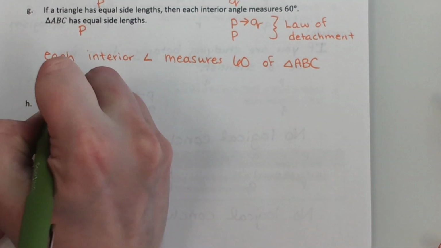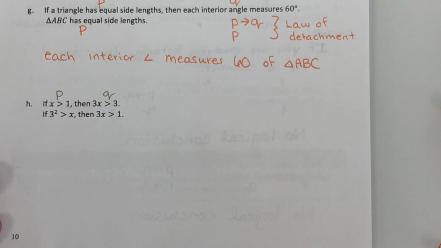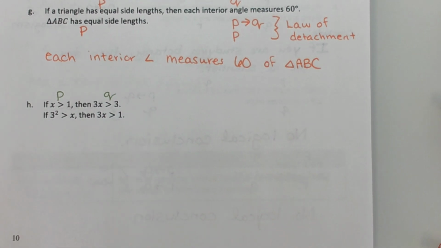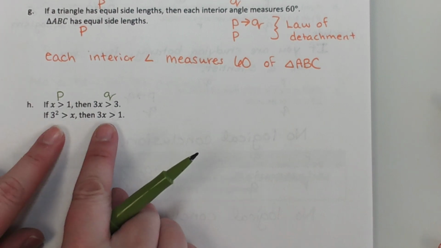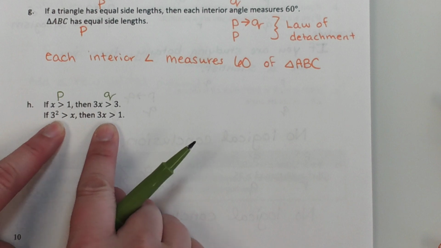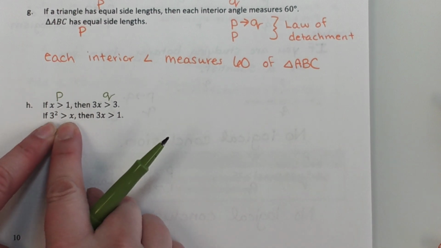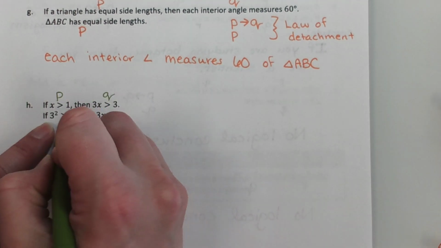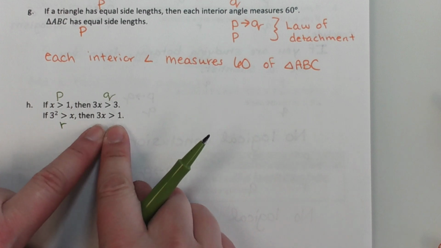Final one. Start with P and Q. Always start with P and Q. If x is greater than 1, then 3x is greater than 3. If 3 squared is greater than x, then 3x is greater than 1. I see another if-then statement, so I'm looking for two letters. That one doesn't match, so R. Does that one match?